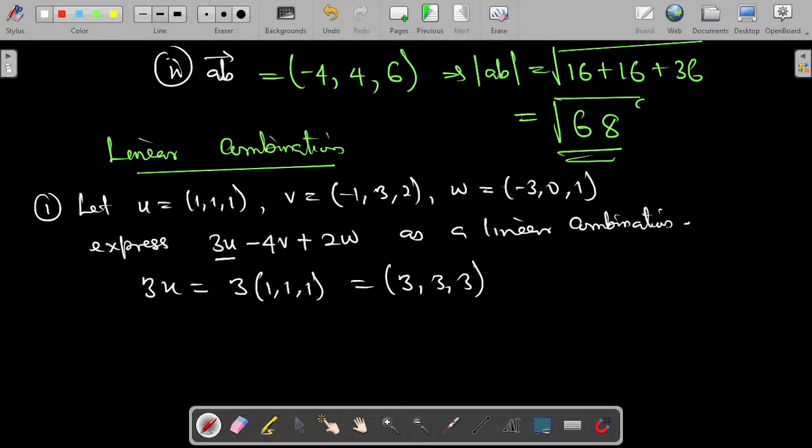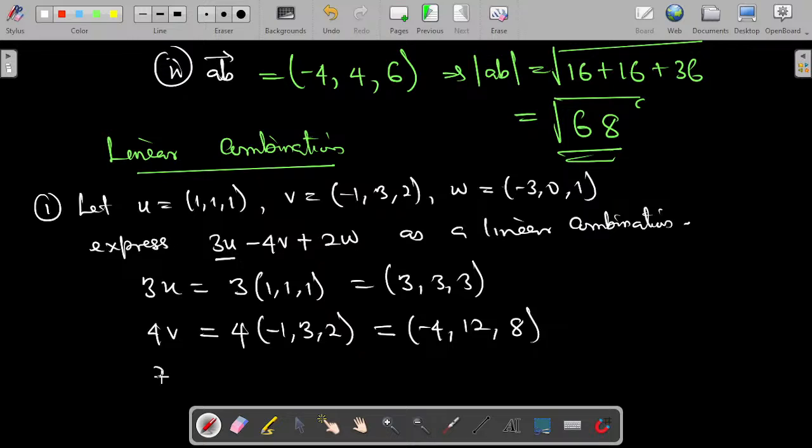All right, while minus 4v, or let me just write it as 4v. So our 4v is equal to 4 times (-1, 3, 2), and that is going to give us (-4, 12, 8).